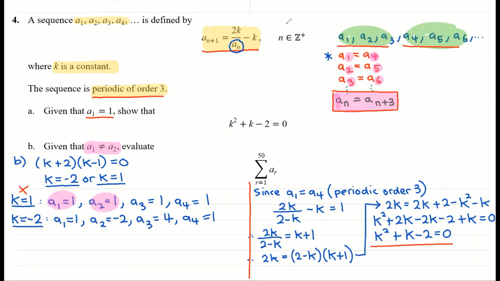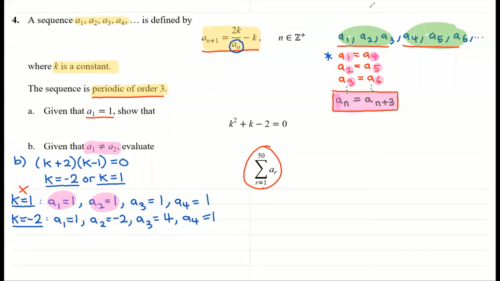Now, our job is to find the sum of the first 50 terms of our sequence. Okay, now I'm just going to create a bit of space and then we can have a go at this. So this series is going to be the sum of 1 subtract 2, add 4, plus 1 subtract 2, add 4, and so on and so on.